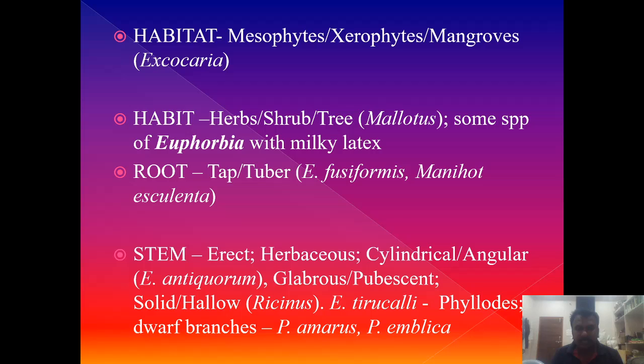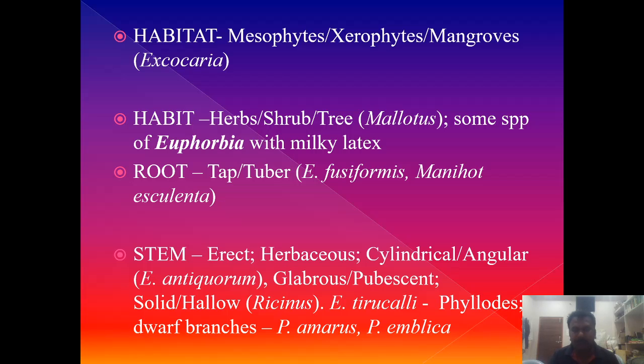The stem is erect, prostrate or decumbent, herbaceous or woody in nature, cylindrical or angular, especially in Euphorbia antiquorum, glabrous or pubescent, solid or hollow in Ricinus communis.